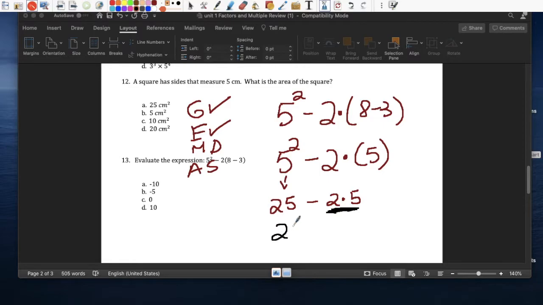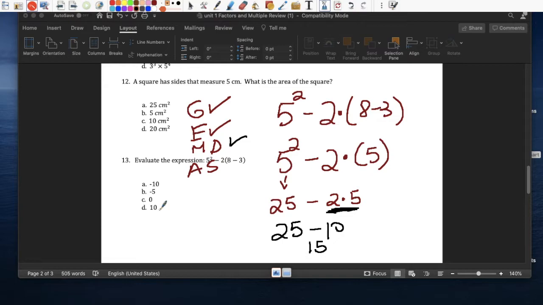So 25, copy, minus, I copy, and what's 2 times 5? 10. Is all my multiplication or division gone? Yes. Now I can do the last thing, which is 25 minus 10, and that should give us 15, and none of these choices are correct. That's weird. That's okay.